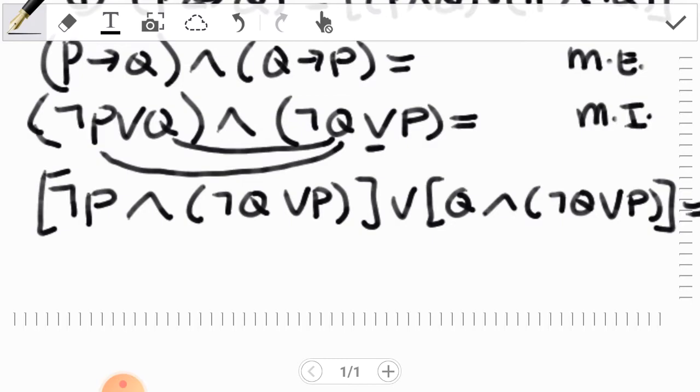Then after using the distributivity rule, so we still did not get our goal to have not P and not Q together, P and Q together. Look at the resulting expression. We can again apply the distributivity law.